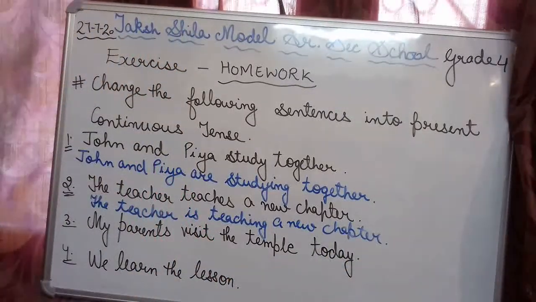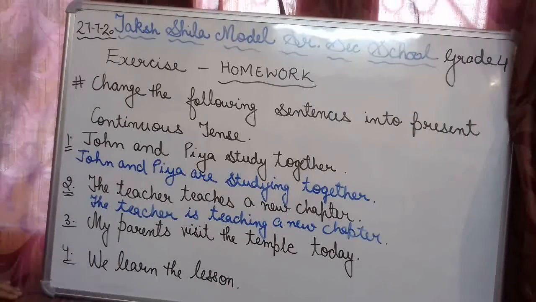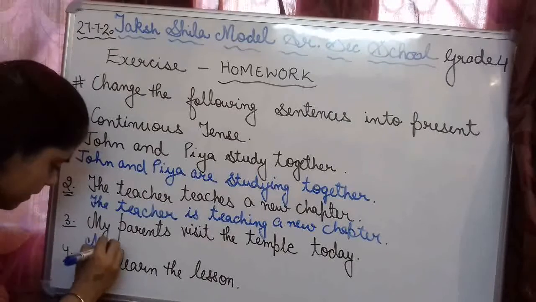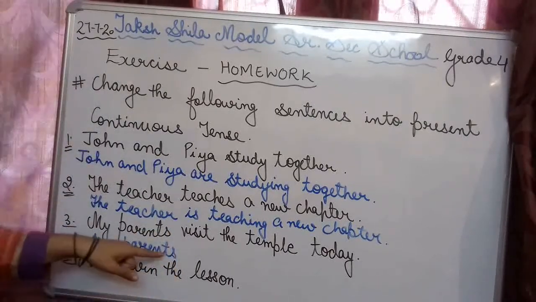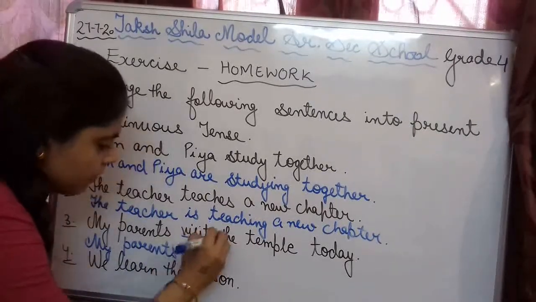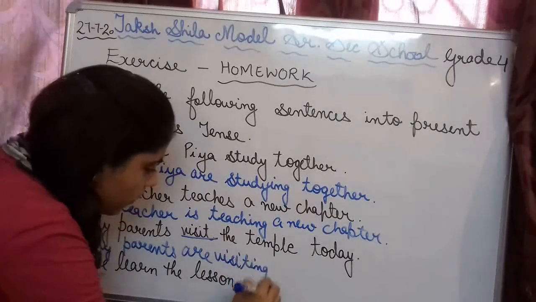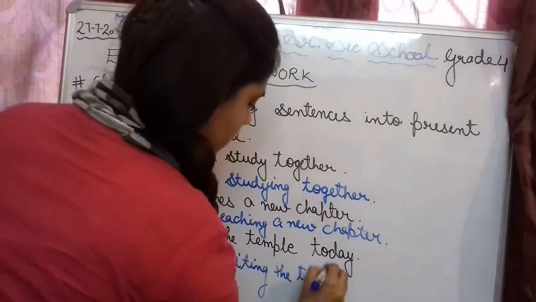Clear? Okay, next. My parents visit the temple today. So here my parents, plural. So we are going to write are, and then visit is the verb. We are going to write visiting the temple today.